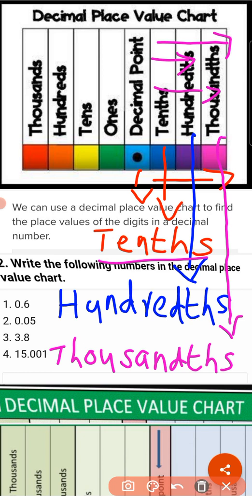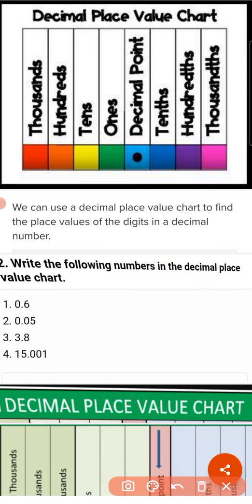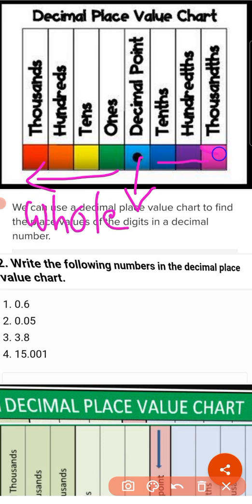Let me explain this, children. This is a decimal place value chart, and here this is the decimal point. To the left side of the decimal point is the whole number part, and to the right side it is the decimal part. Clear? Now the places in the decimal part.